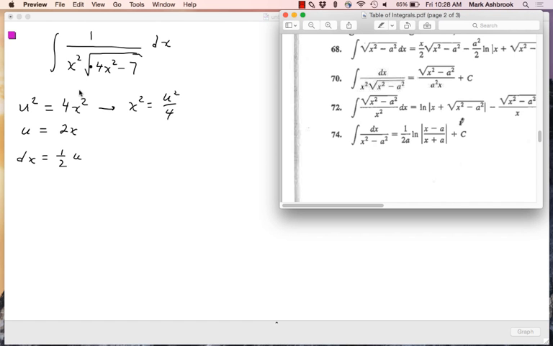So now by doing that change of variables, I get 1 over u squared over 4 times the square root of u squared minus 7, since my whole point was to make this 4x squared into u squared. And then dx is 1/2 du. Now this 4 is actually in the numerator, so this 1/2 divided by 1/4 is actually just 2.